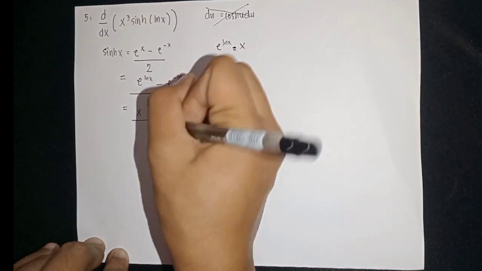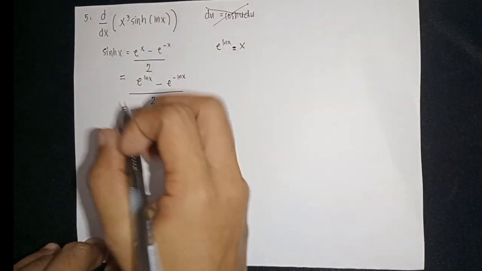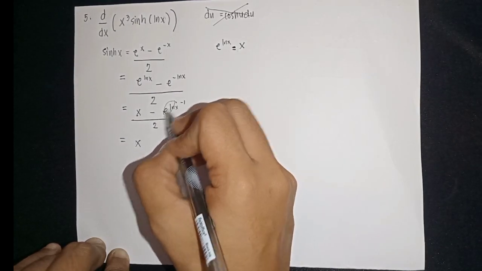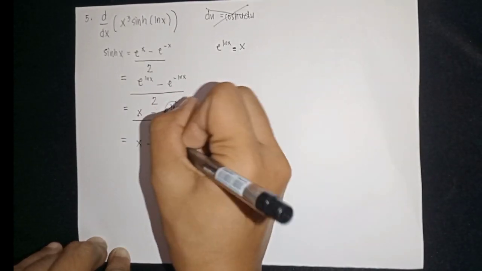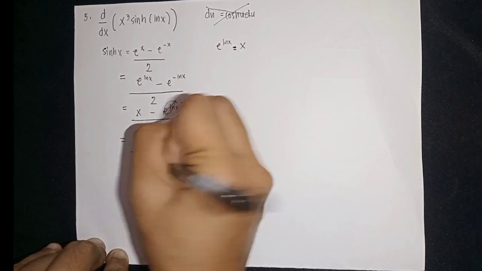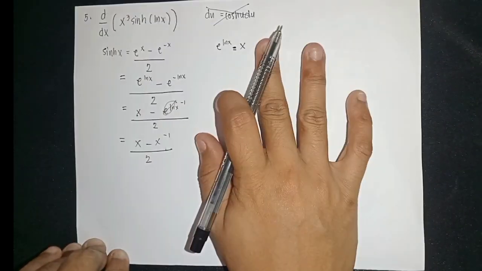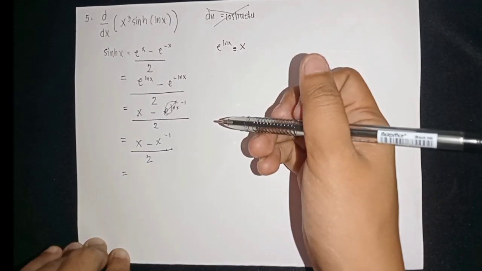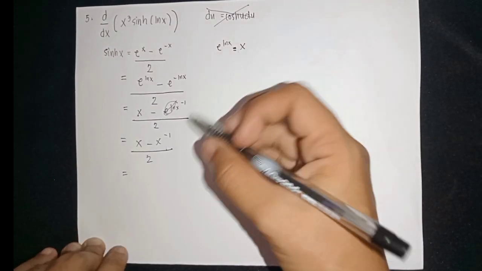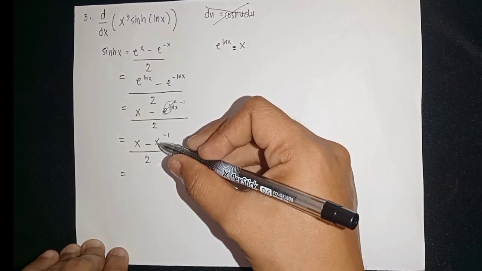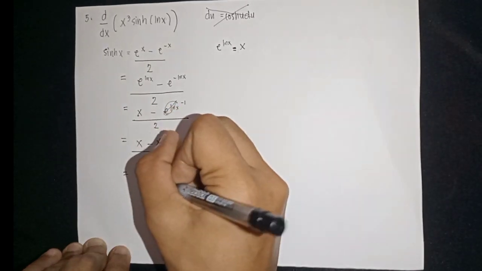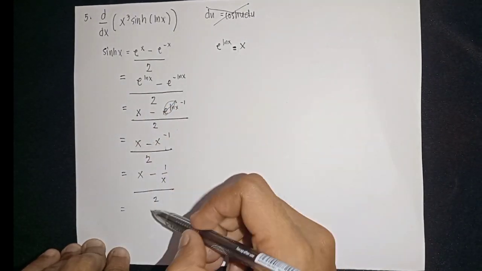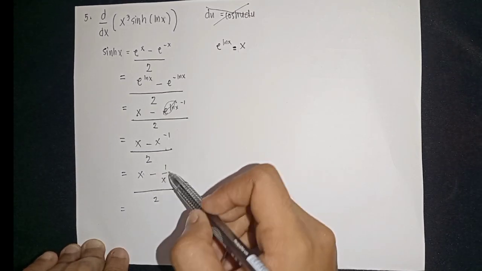And e raised to negative ln x, we can change into a negative exponent, so e raised to ln x to the negative 1, all over 2. So x minus x raised to negative 1 all over 2. So we need to take the reciprocal of x raised to negative 1. So it will equal x minus 1 over x all over 2.